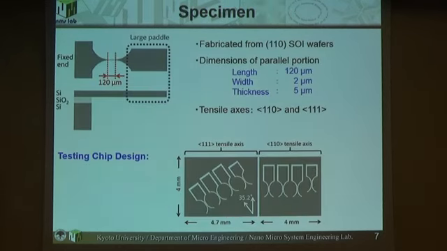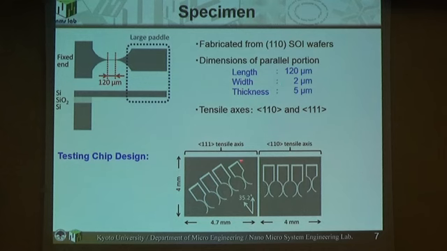The specimen is fabricated from a 100 SOI wafer. The thickness is 5 micrometers. The testing part has a length of 120 micrometers and a width of 2 micrometers.